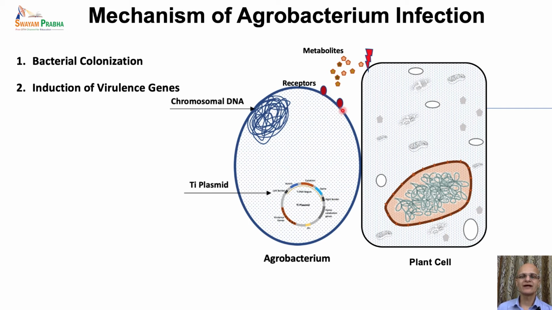Now these VirA receptors, which are present on the membrane of the bacteria, interact with the plant phenolics or the secondary metabolites released by the plant, and this interaction confirms that there is an injury to the plant, and hence there is an opportunity for infection, and the bacteria may initiate the infection process. So basically, this interaction confirms the initiation of the signal cascade for the next step.